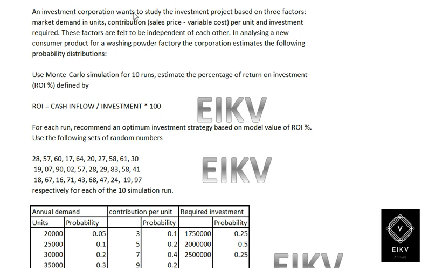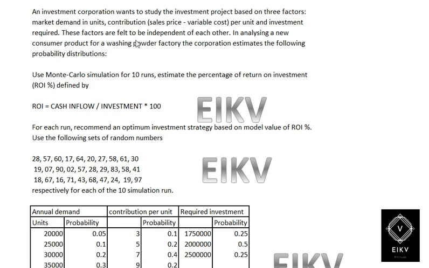In this illustration, an investment corporation wants to study investment projects based on three factors: market demand in units, contribution, that is sales price minus variable cost per unit, and investment required. These factors are assumed to be independent of each other.